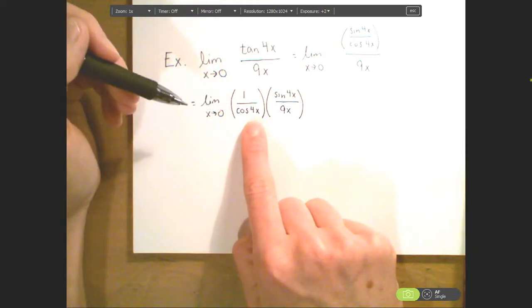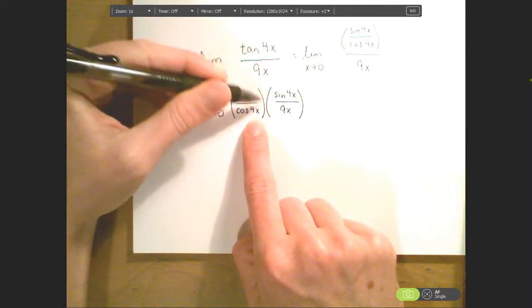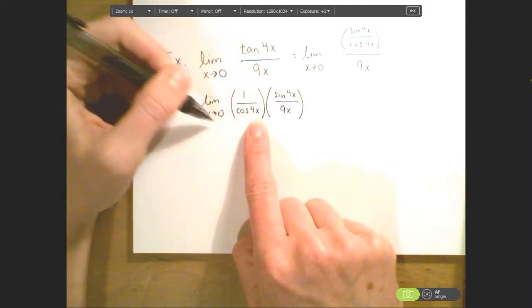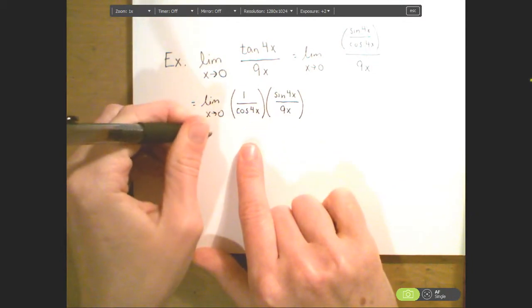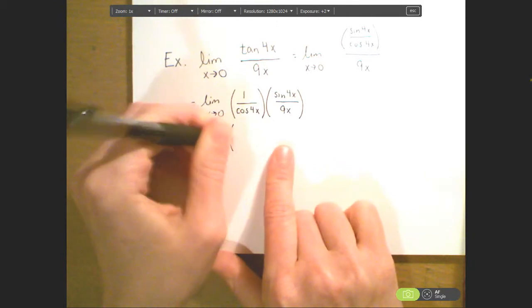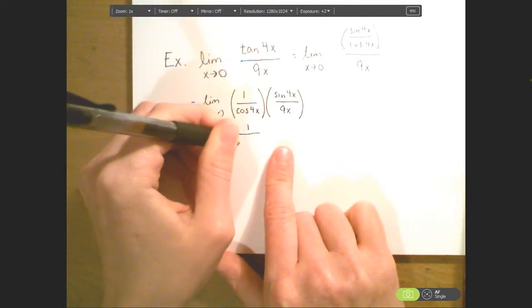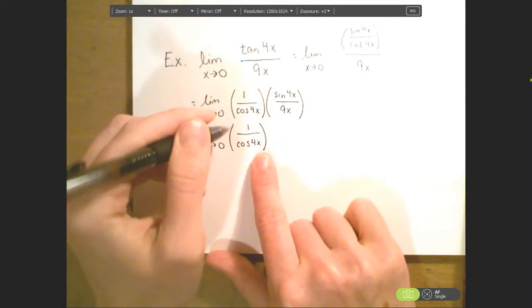That's the x-coordinate when your angle theta is equal to 0. So this whole first part of the limit is actually equal to 1. So let's break this apart. We see that this is the limit as x approaches 0 of 1 over cosine of 4x, which we know is 1.